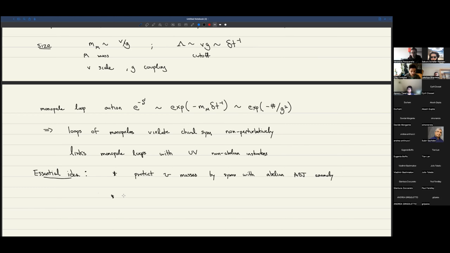That is our infrared story. And then to get the small mass, we're going to embed into some UV. It will turn out to be a non-abelian gauge theory in the models that I write down, with monopoles to generate a small mass.